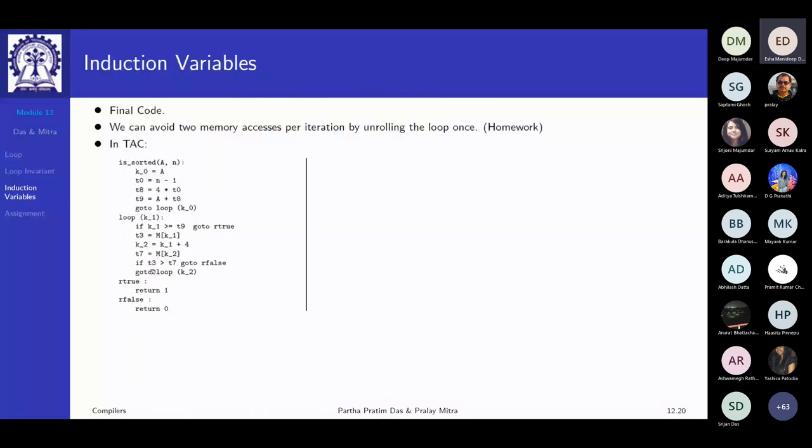So these annotators tell us what value of k is being used. For example, if I have k assigned k plus 4, then are mk and mk common sub-expressions?